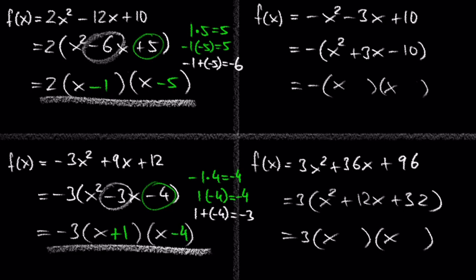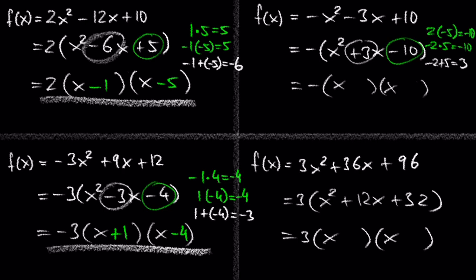In the third example, we are going to find the numbers which, when multiplied together, give us negative 10, and the same numbers added together give positive 3. 2 times negative 5 equals negative 10, and negative 2 times 5 also equals negative 10. But only negative 2 added to 5 equals 3.